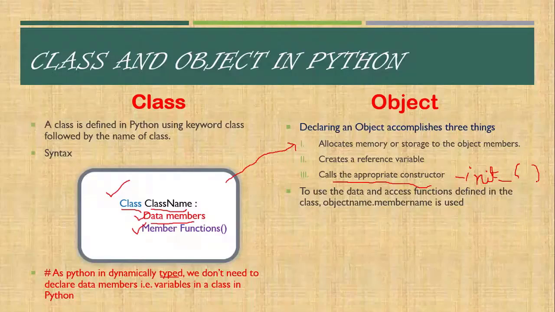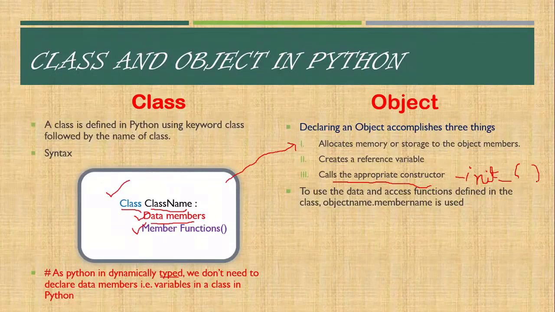To use the data and access functions defined in the class, object name dot member name is used. If we want to use the data or access the functions defined in the class, we first need the name of the object, and after writing the name of the object, we use the dot operator, and after that we write the name of the method.